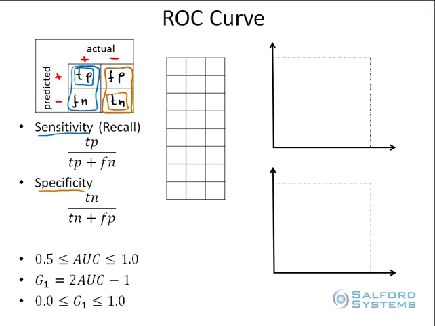So as you can see now, instead of focusing on the positive group, we have a balanced approach. We have the fraction of positives correctly assigned, communicated by sensitivity, and we also have the fraction of negatives correctly assigned, communicated by the specificity.